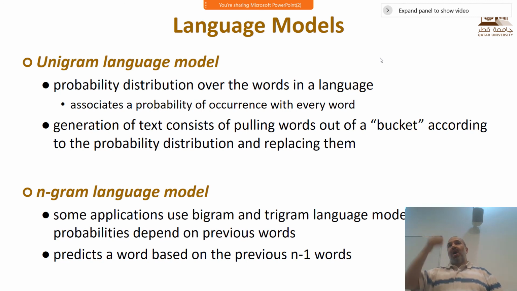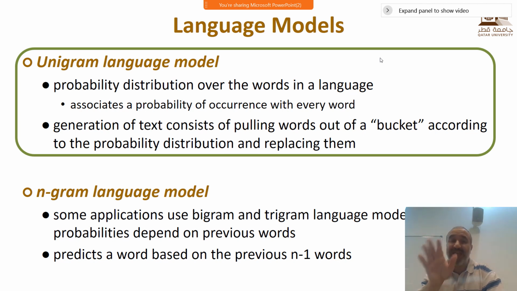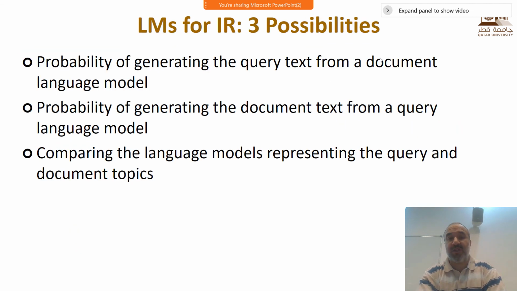As we raise the order, the quality of the model will be better because now we are observing dependency between the terms, but we need to estimate a much higher number of parameters. In this lecture, we only focused on unigram language models.